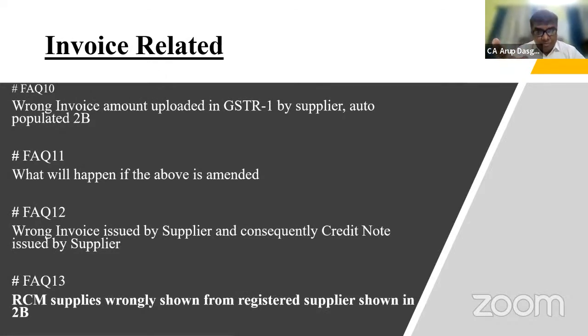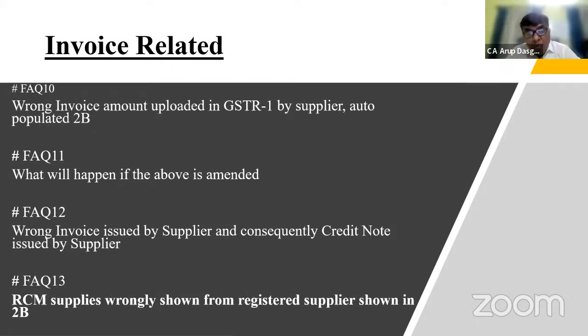So tomorrow, when he amends that particular invoice, downgrading from 20,000 to 10,000, what do we do? We take this 10,000 from the temporary reversal and show it in all other ITC and then show it in permanent reversal. You know why?